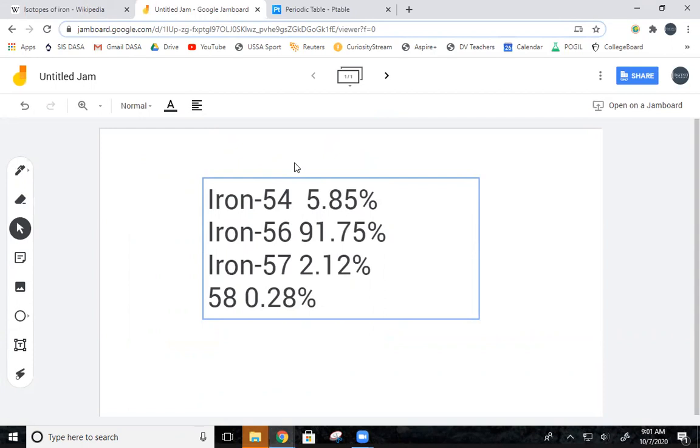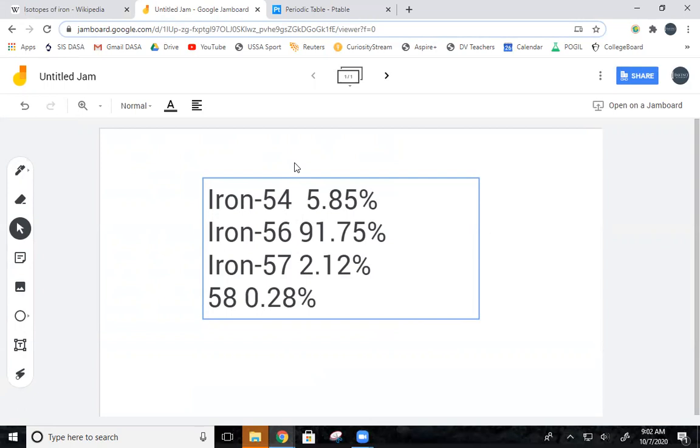So with your calculator, I want you to multiply 54 by 0.0585. Then hit enter or equals. And I want you to add that to 56 times 0.9175.